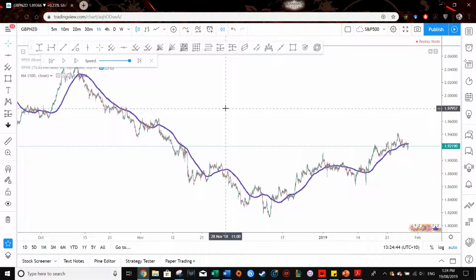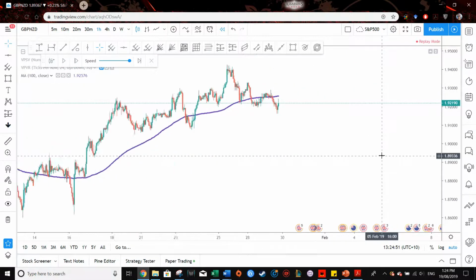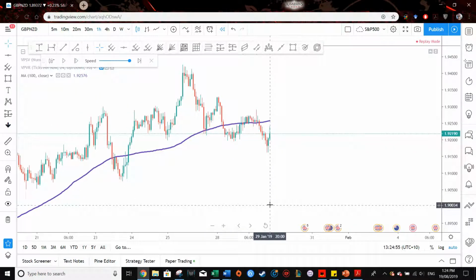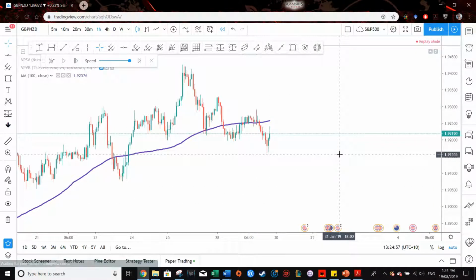Can we zoom in? Yeah, show us the last 3 candles, please. Okay. So these are the candles. Alright, so it's clearly in that's a good level. Against the silver?